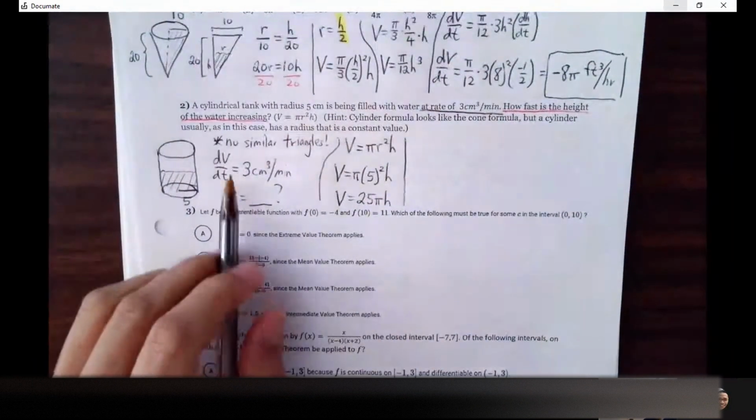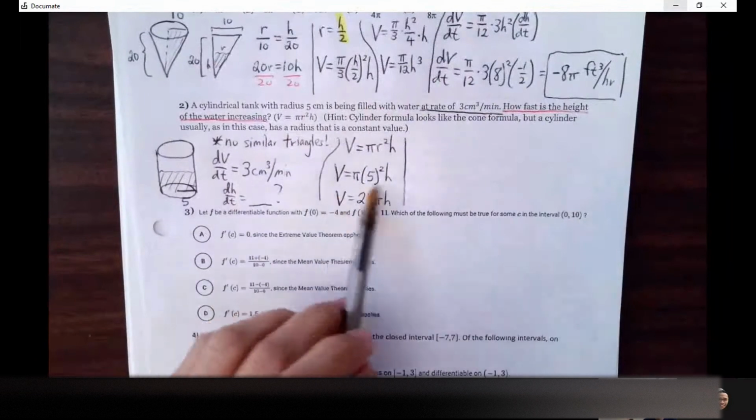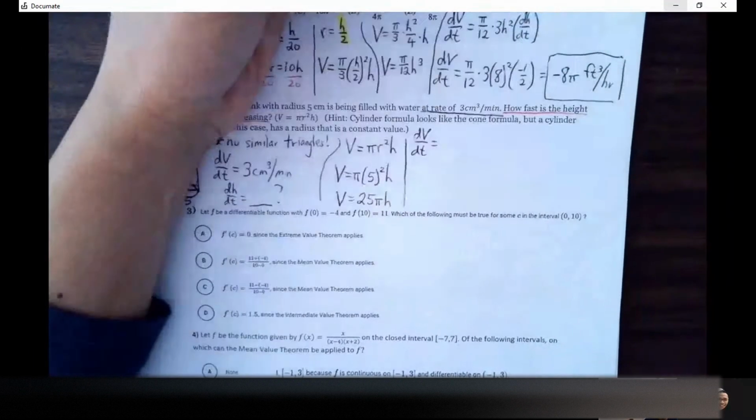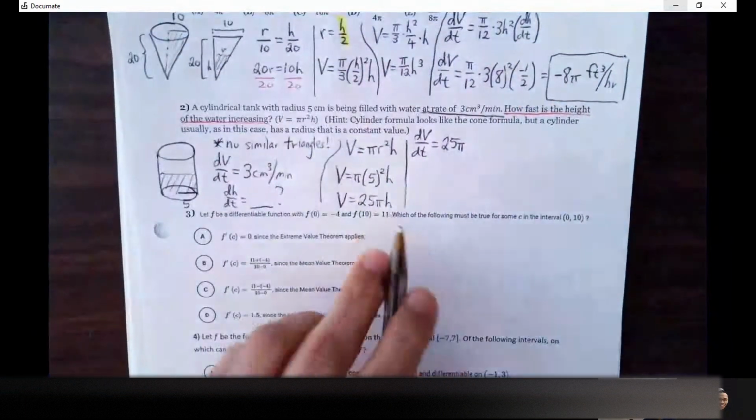Okay, we're looking for dH/dt. We have dV/dt. We know we have to involve derivatives, so we'll jump into that process. So V becomes dV/dt. 25 pi is a coefficient. That's not going to go anywhere. But then H becomes dH/dt.